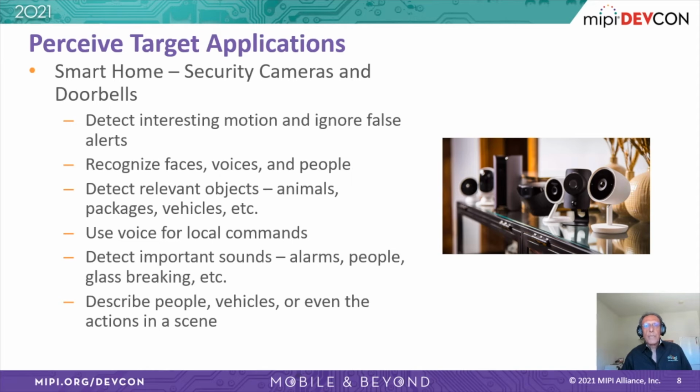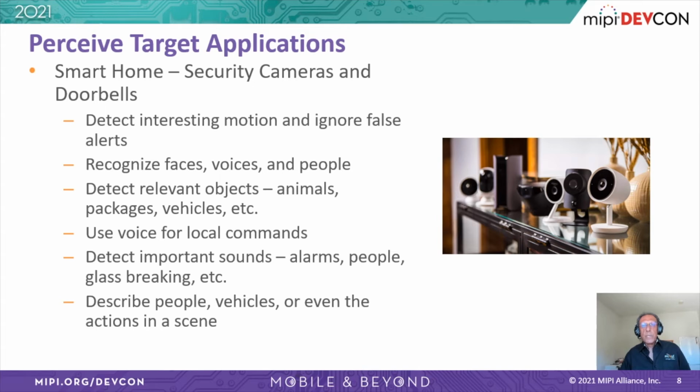All the different applications use the same Ergo capabilities or a subset of them, so there are a lot of similarities. The way each one uses those capabilities is what differentiates each use case. Let's take a look at a smart home application, such as security cameras and doorbells.